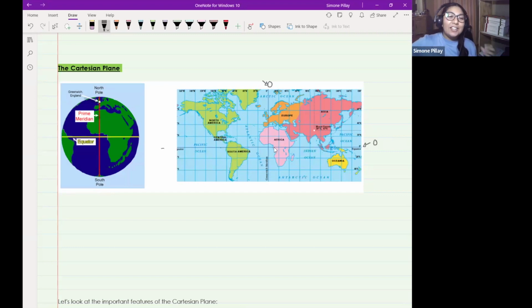Because I'm using this real life example. I'm using something that you guys know to introduce you to the mathematical version of latitude and longitude lines. So as we go to the right of my Greenwich meridian, I count upwards 20, 40, 60, and this is east. And as we go to the left, that is west. Okay. And if we look at the equator, when we go upwards, that's north. And when we go downwards, that is south.